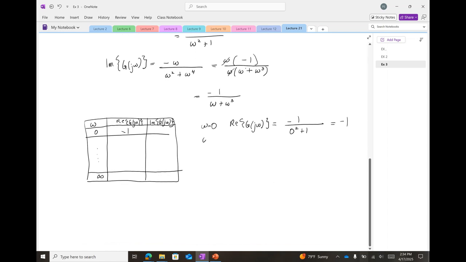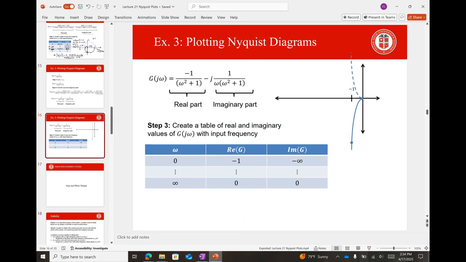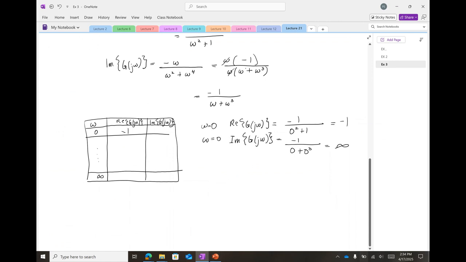And now for our imaginary part, it is equal to negative 1 divided by 0 plus 0 cubed. So this should be infinity, because anything divided by 0 should be infinity. Let's just double check: we have negative 1, and this negative sign will make this a negative infinity.